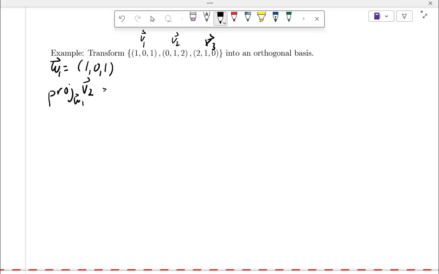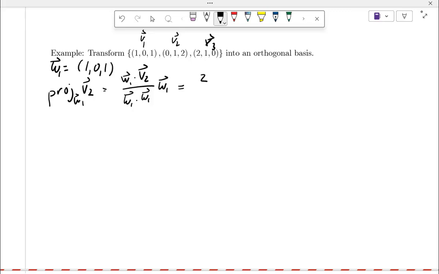How do we do the projection again? That's our projection formula, right? Okay, V2 dotted with W1 will be 2, right?